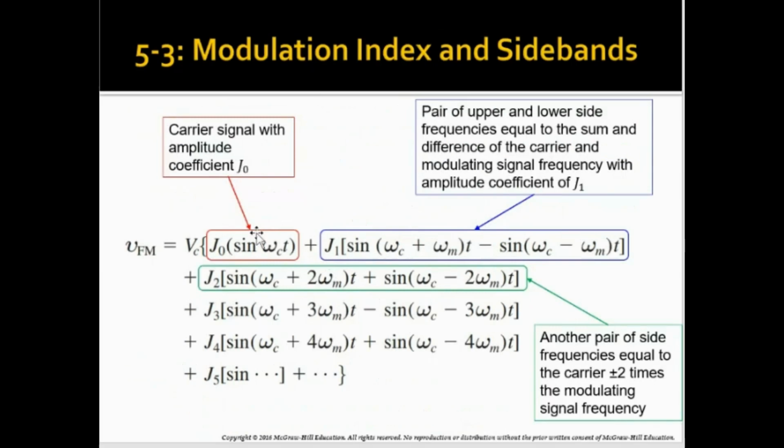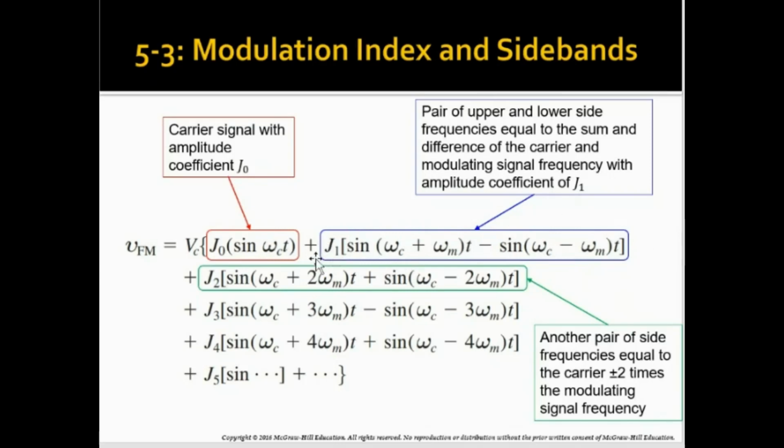So here I identified for you. Here is our carrier signal with the amplitude of J0 here. This is our first sideband. This is upper sideband and lower sideband. So your carrier frequency plus your modulating signal frequency, and this is for upper sideband, higher frequency. This is for lower sideband. They have amplitude of J1.